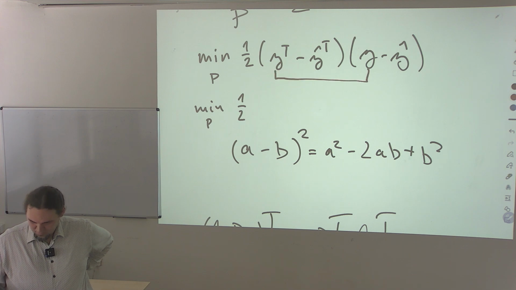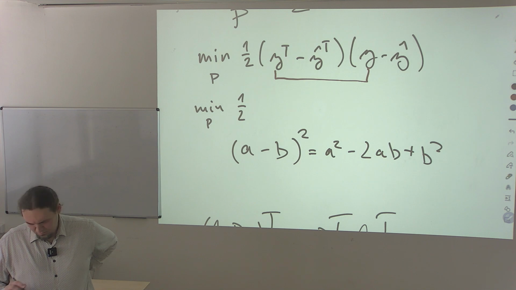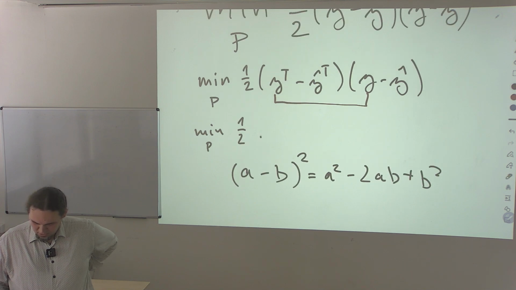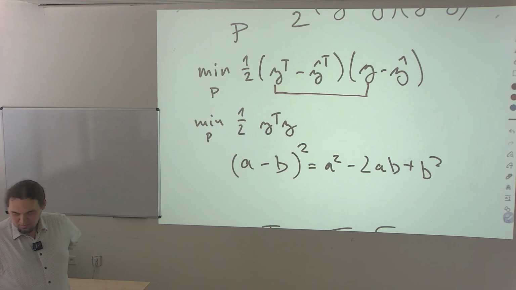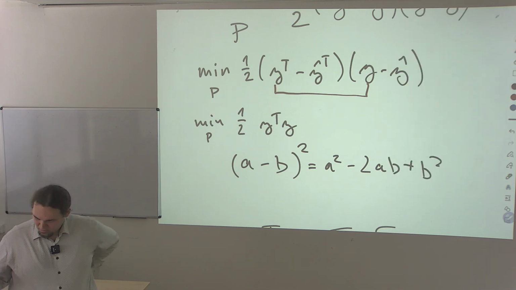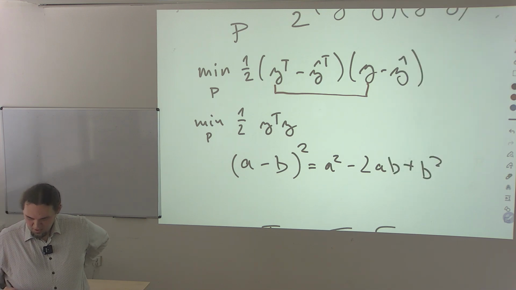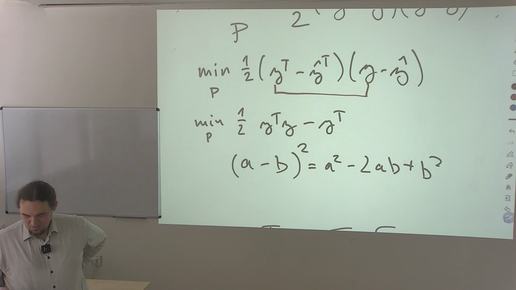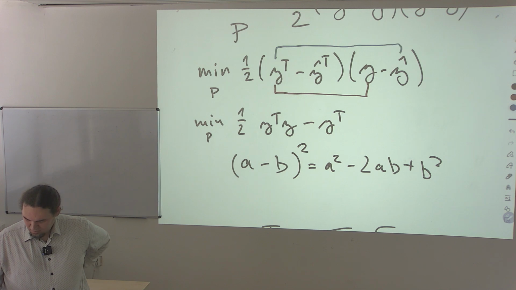Multiplied by y, that's equal to y squared. It's not equal to y squared, but this is the first term. Minus y times y hat, right?